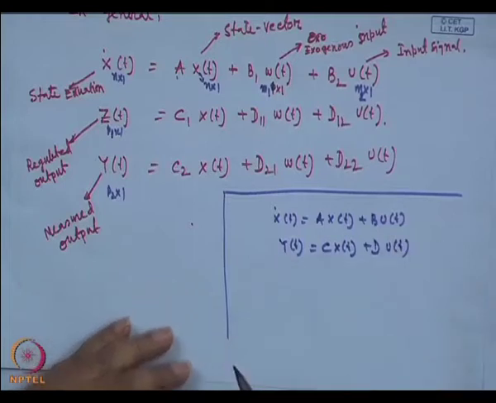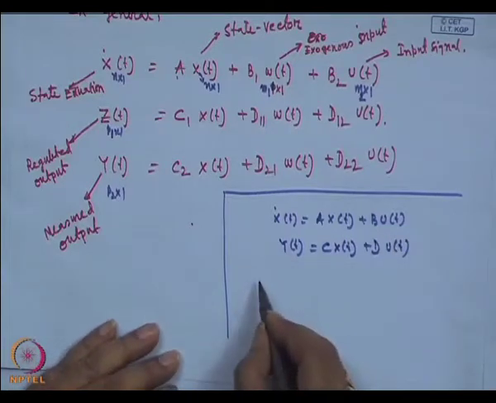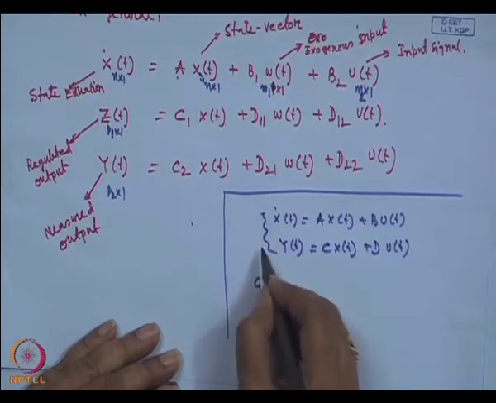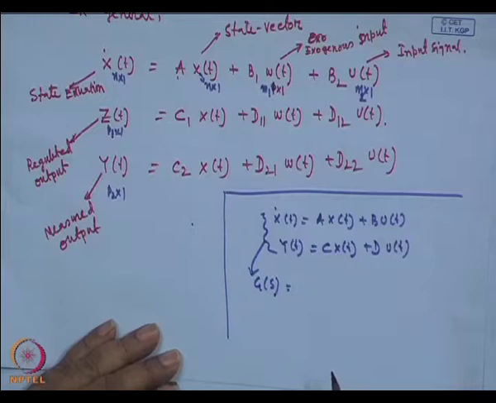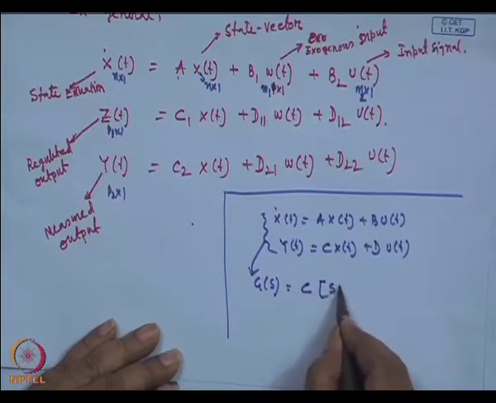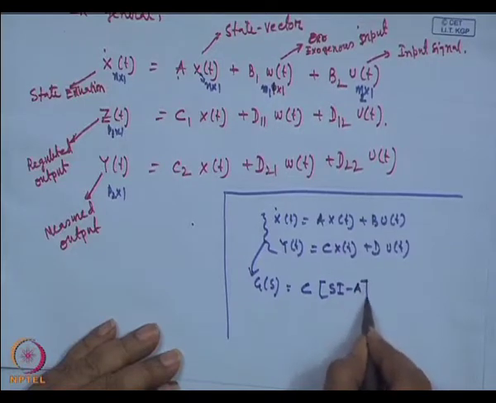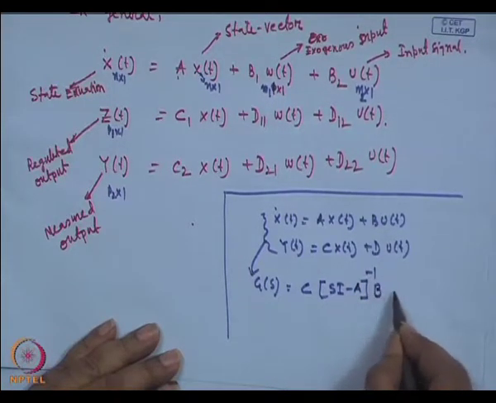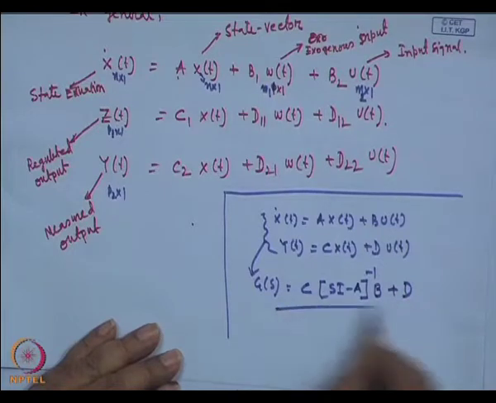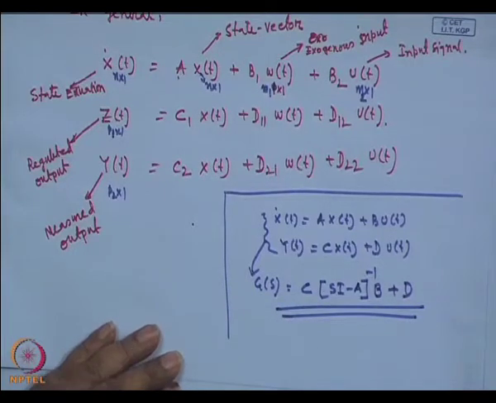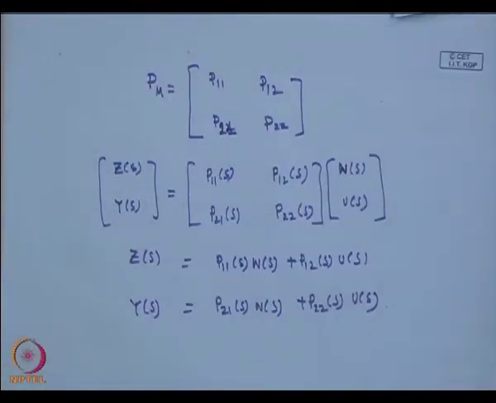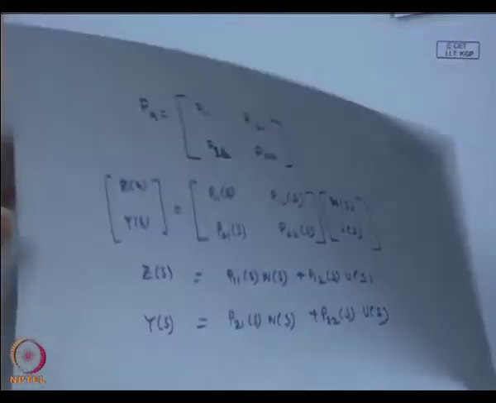The transfer function G of s from state space equation to transfer function model is G of s is equal to c into (s I minus a) whole inverse b plus d. Agree? That is the transfer function. Same thing I will apply here.